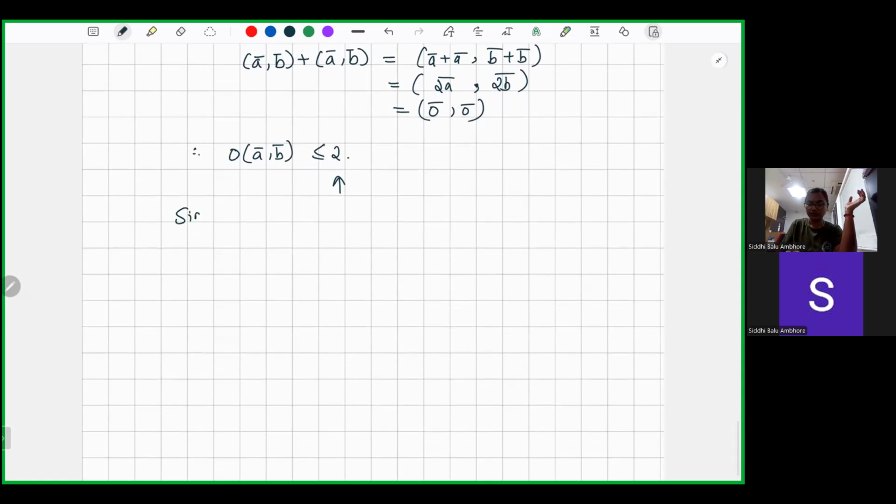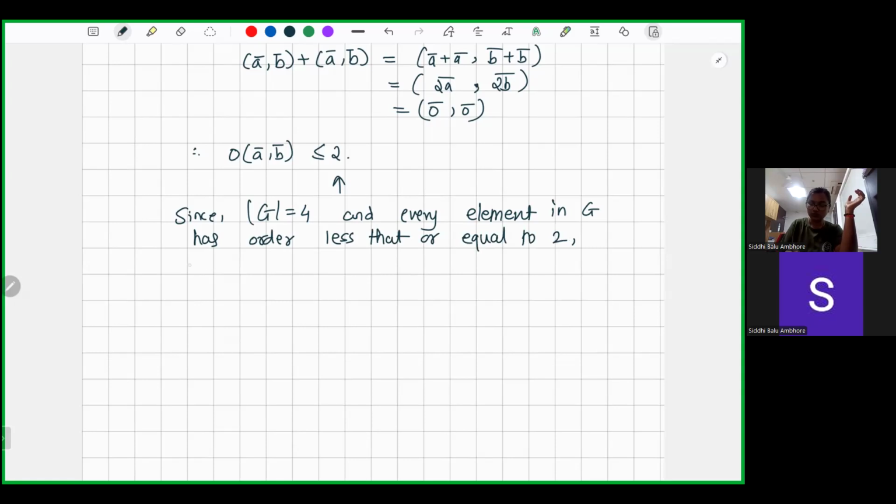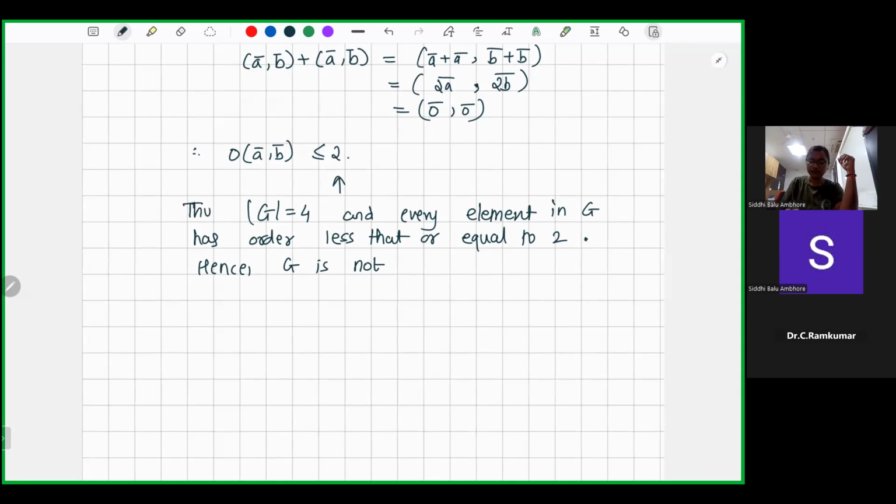So since the order of G is 4 and every element in G has order less than or equal to 2, hence G is not a cyclic group.